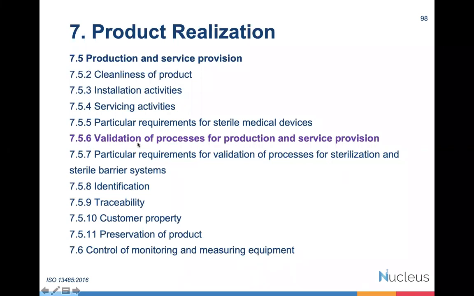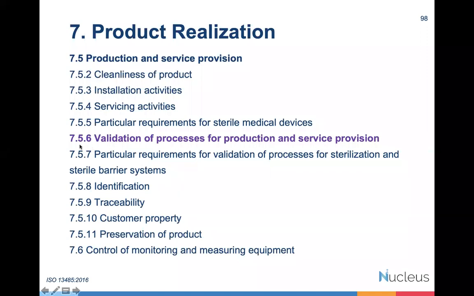That's what is addressed here. And there are specific requirements on how to validate sterilization and sterile barrier systems, as well as identification and traceability. Then how to deal with customer property, how to preserve the product, then calibration of monitoring and measuring equipment. So these are all the various clauses addressed under 7.5.